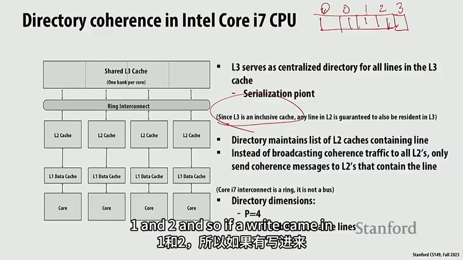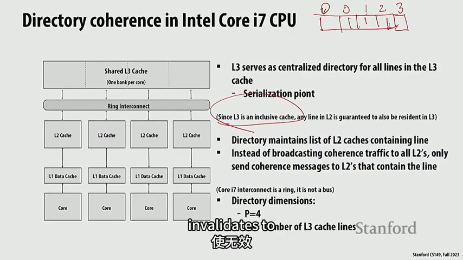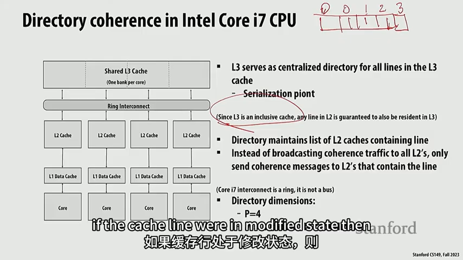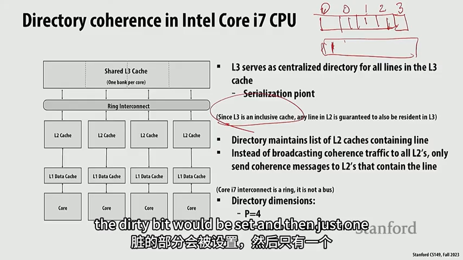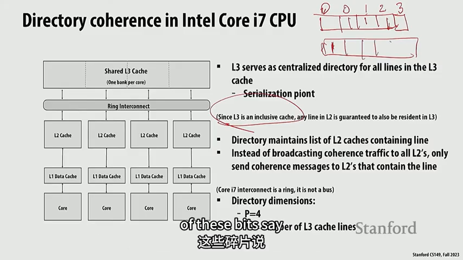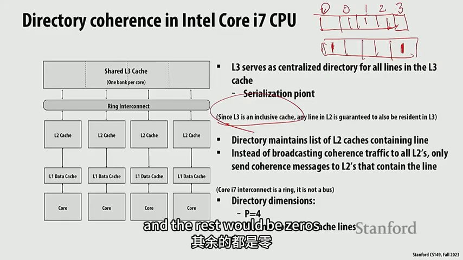And so if a write came in, then we would know which processors to send invalidates to. And if the cache line were in modified state, then the dirty bit would be set, and then just one of these bits, say the bit for processor 3, would be set, and the rest would be zeros.